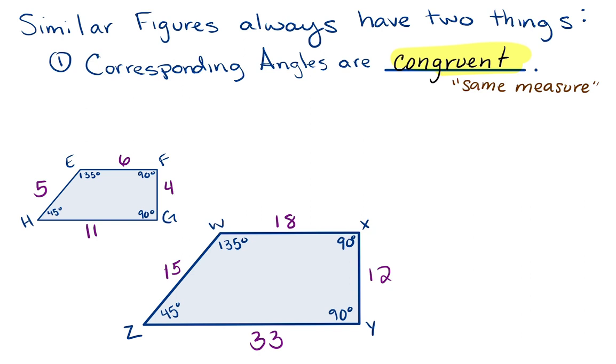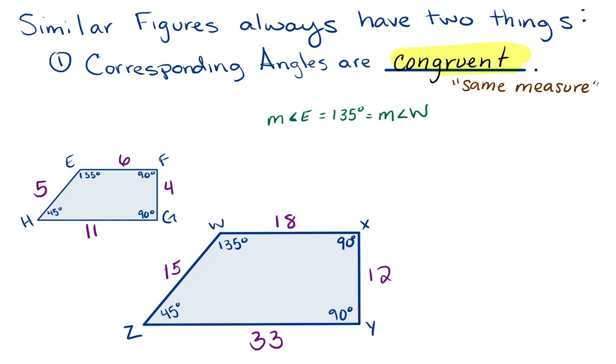Starting with angle E, I can see that the measure of angle E, with some notation there, M and then the angle symbol E, is equal to 135 degrees. That's also the same as the measure of angle W in the other figure.